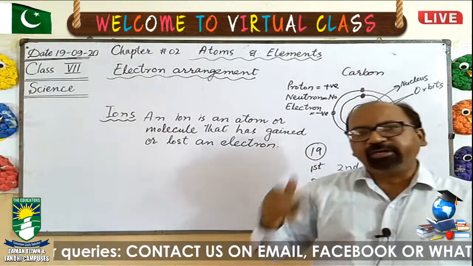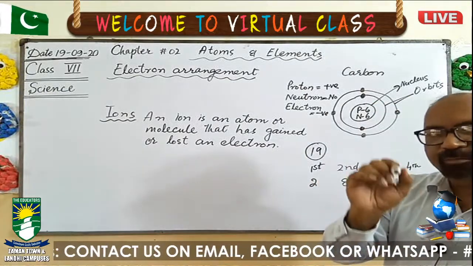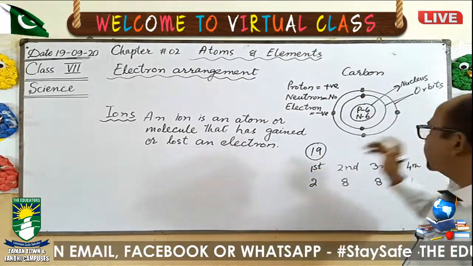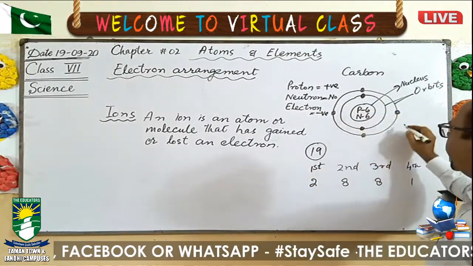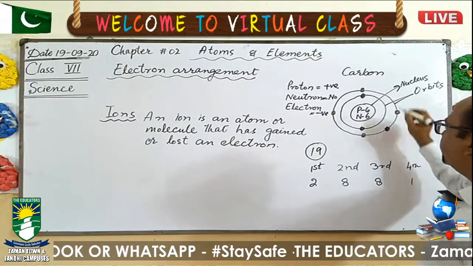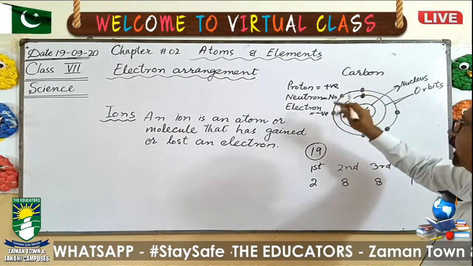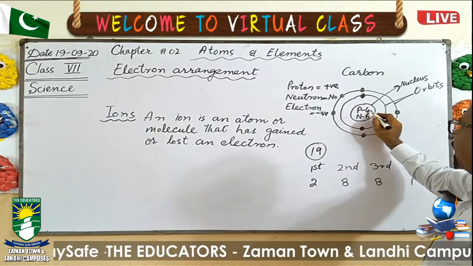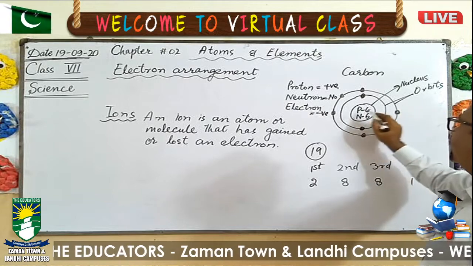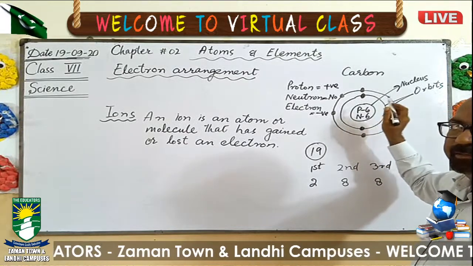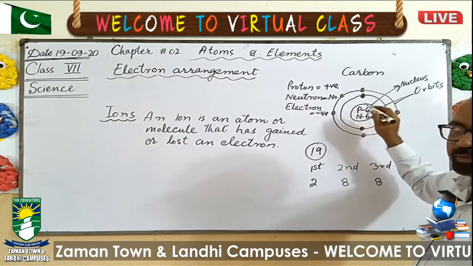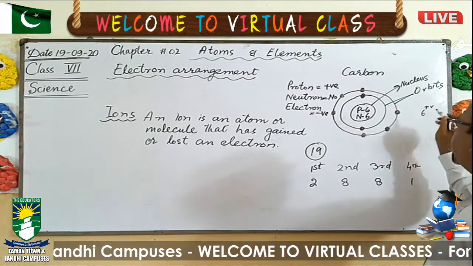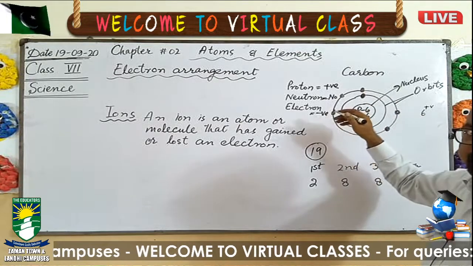What will happen? As I have told you, the number of protons and the number of electrons is always the same. But for example, it has taken 2 electrons from another atom. So what will happen? The positive charge will be 6 because protons carry positive charge and the number of protons is 6. And what will be the negative charge?